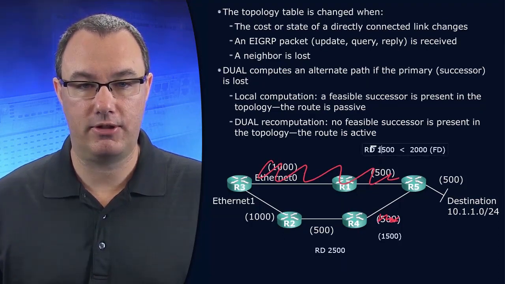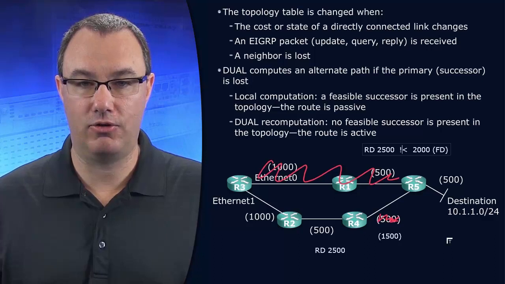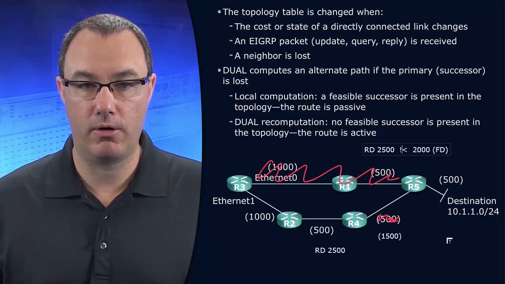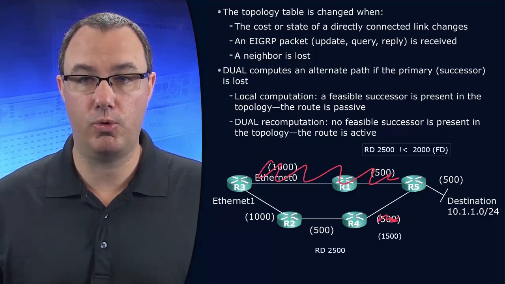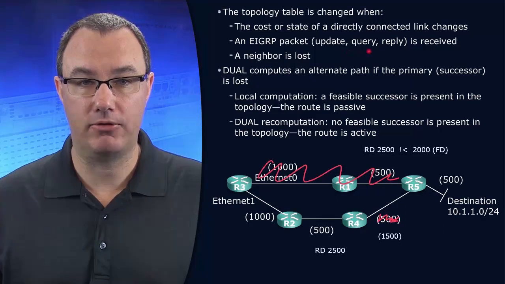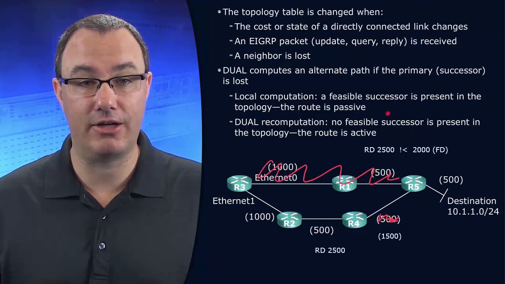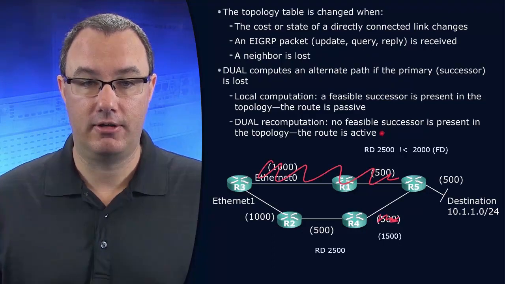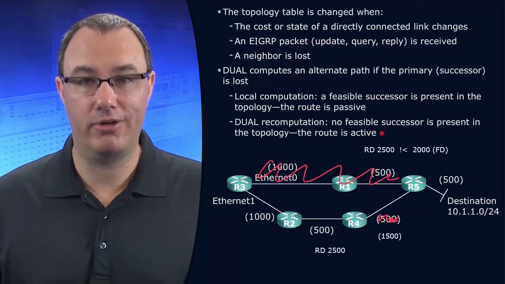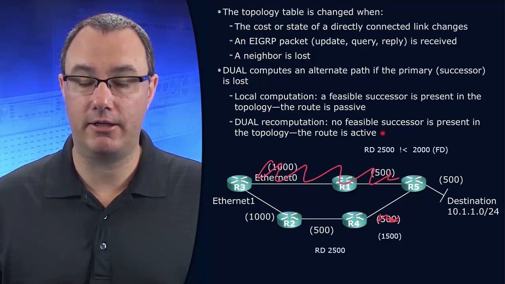The reported distance now would not work out. It would not be less than 2,000, and therefore we would have to query our neighbors and await replies back. During that time, we are in the active status. Understanding this means you understand EIGRP under the hood.